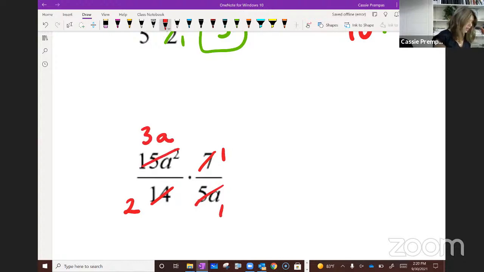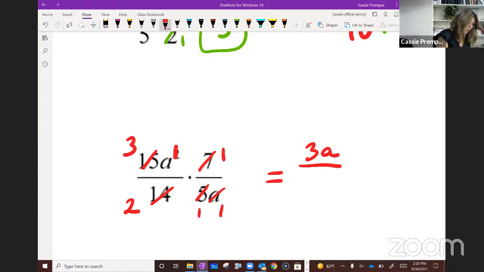You could also look at it separately. You could say, how many times does 5 go into 15? 3. And then how many times does a go into a squared? A goes into itself 1 time, into a squared 1 time. Then we multiply across and we have left 3a over just the 2.